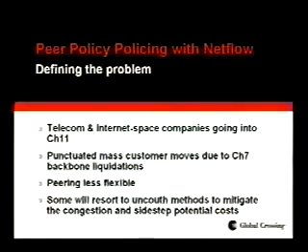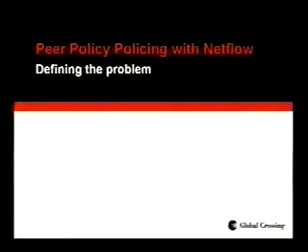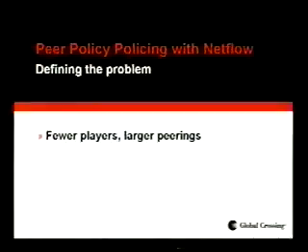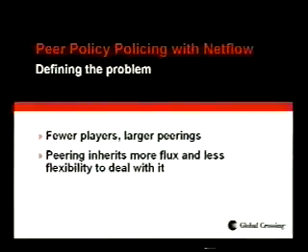Peering is becoming less flexible because of all of this. There's a consolidation of traffic. Some will resort to uncouth methods to mitigate congestion and sidestep potential costs of appropriate peering policies.